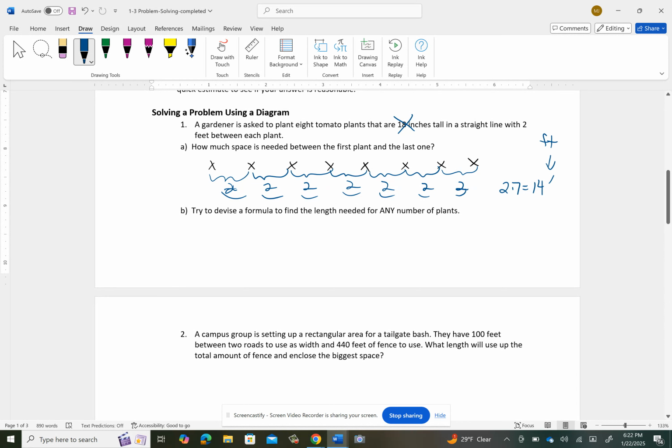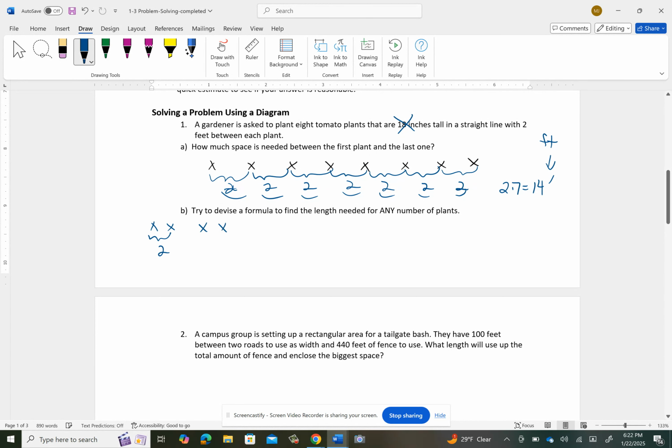Now they're trying to get us to come up with a formula for the length needed for any number of plants. So you might want to do a little pattern exploration. If we had 2 plants, then we'd need 2 feet.